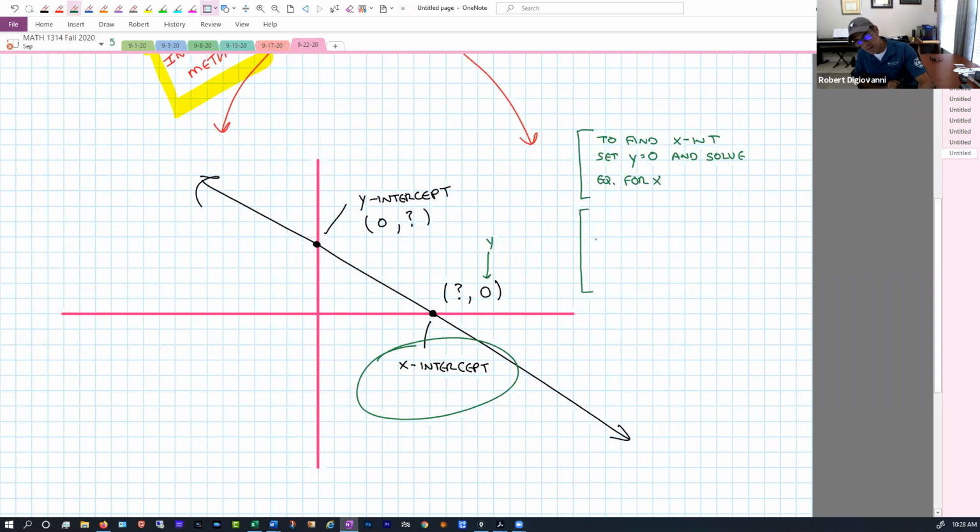To find the Y-intercept, we're going to do the opposite. We set the X equal to 0 and solve the equation for Y. And that's because when we're talking about the Y-intercept, the X is 0 there, always.